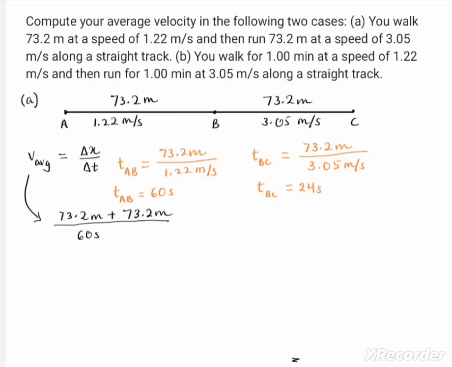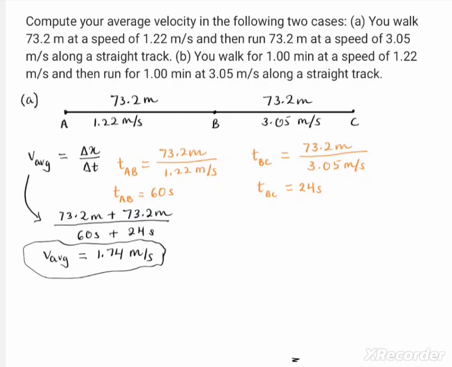So we have 60 seconds, and then 24 seconds. That gives us V average equals 1.74 meters per second. So that is the first part.